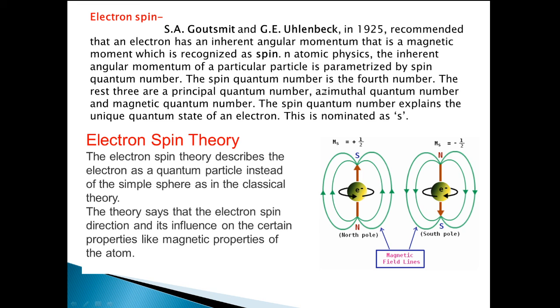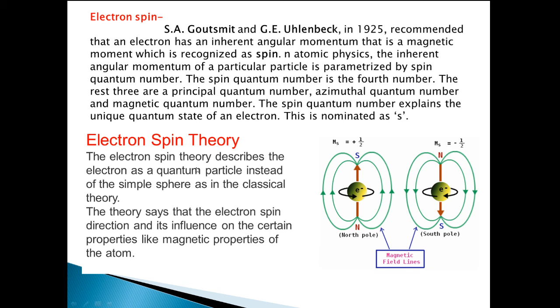In atomic physics, the inherent angular momentum of a particle is parameterized by the spin quantum number. So the spin quantum number is a fourth number. The other three are the principal quantum number, azimuthal quantum number, and magnetic quantum number. About these we will learn in the higher classes. So here is a small brief.